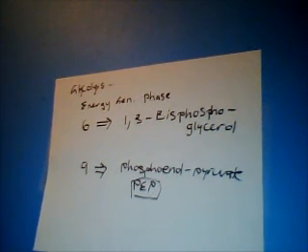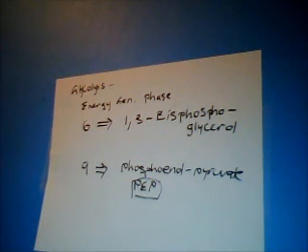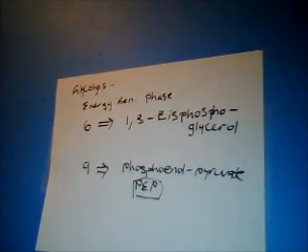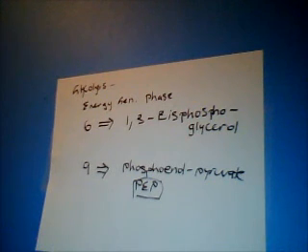For example, we phosphorylate glucose, and this phosphate-glucose bond has low phosphate group transfer potential, meaning that when you hydrolyze it, the amount of energy released is much lower, by half, than when you hydrolyze ATP to ADP.